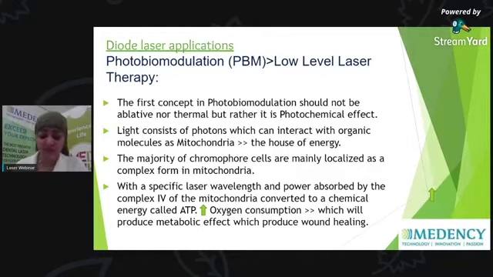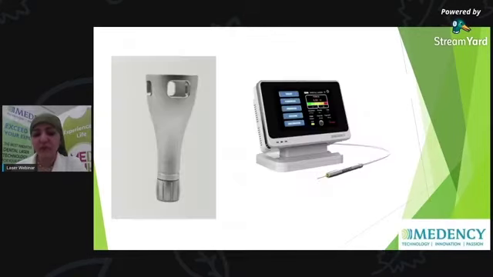So the specific wavelengths and power absorbed by the complex number 4 of the mitochondria is converted to a chemical energy called ATP, and it will increase the oxygen consumption, which will produce metabolic effect, which produces wound healing. And this is the main advantage of photobiomodulation, which is wound healing.